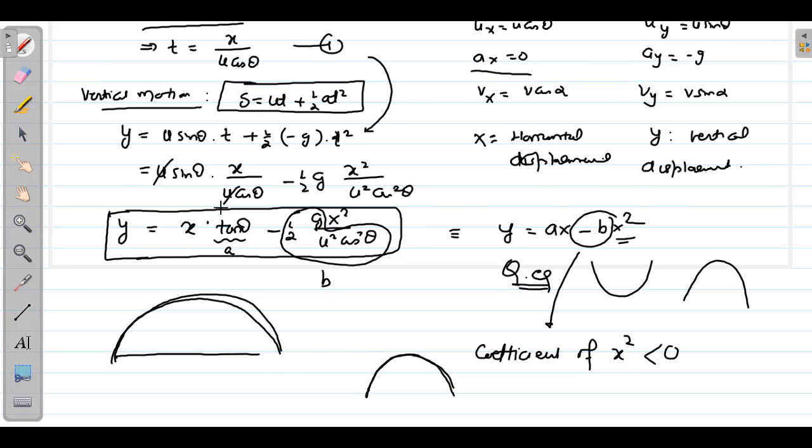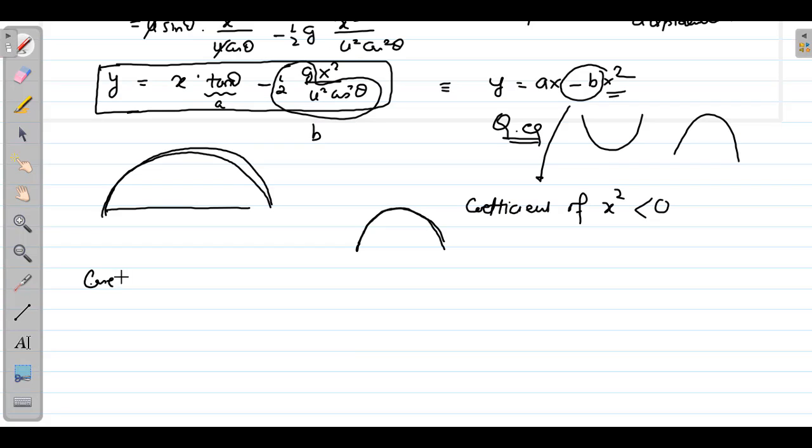First we take some cases or notes. 1. If we find dy by dx at x equal to 0, it will give basically tan theta, from which we can find theta, that is the angle of projection.